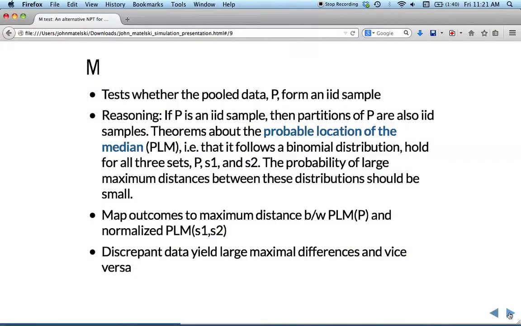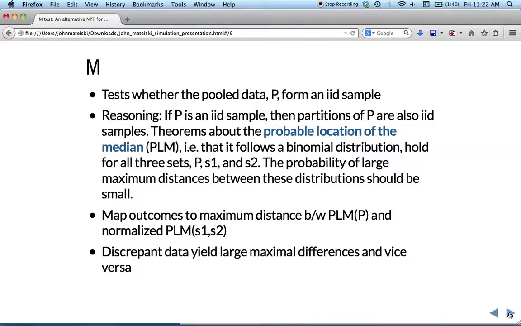So the M-test is specifically asking whether the pooled data form an IID sample. So you started with data vectors S1 and S2, and I'm saying put them all together into a big set P, and the question is, does this set agree with the assumption of an IID sample?